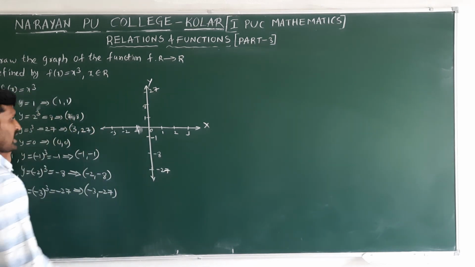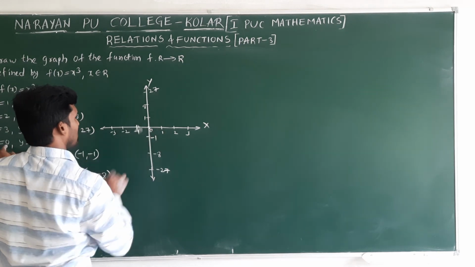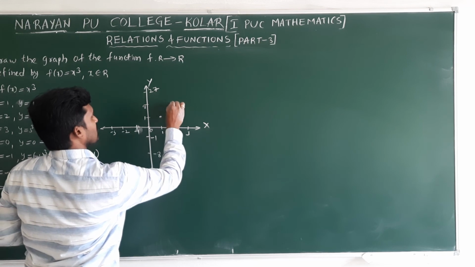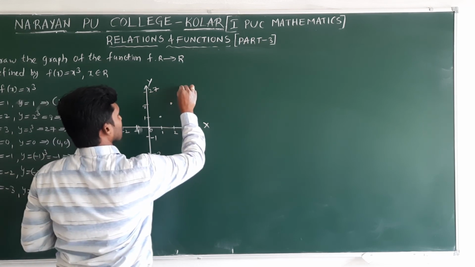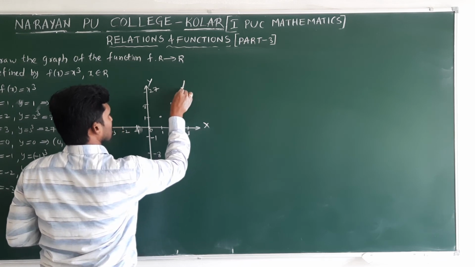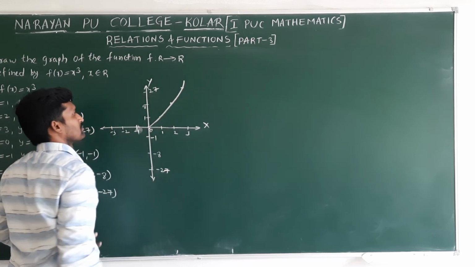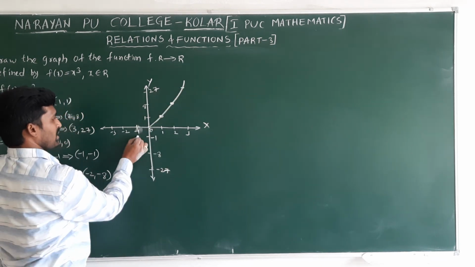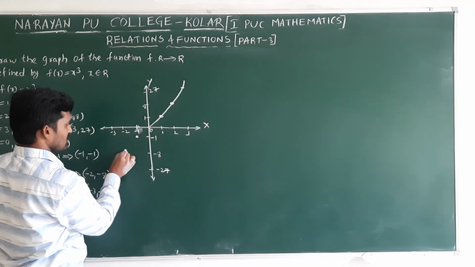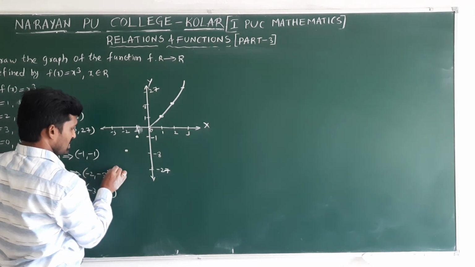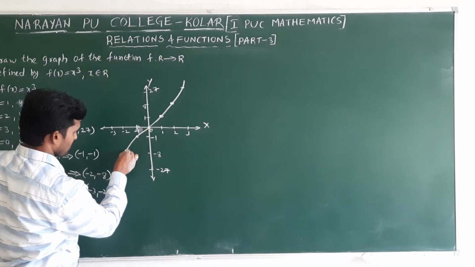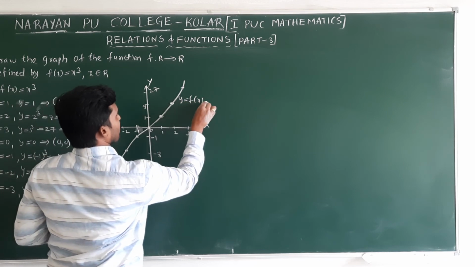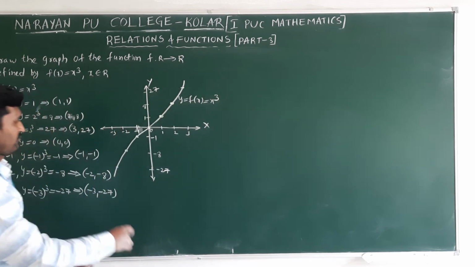First, if we take 0 we get 0 comma 0, then 1 comma 1 as the next point, 2 comma 8, 3 comma 27. Next minus 1, minus 1. Minus 2 gives minus 8, minus 3 gives minus 27. This is the graph of y equal to f of x equal to x cube.